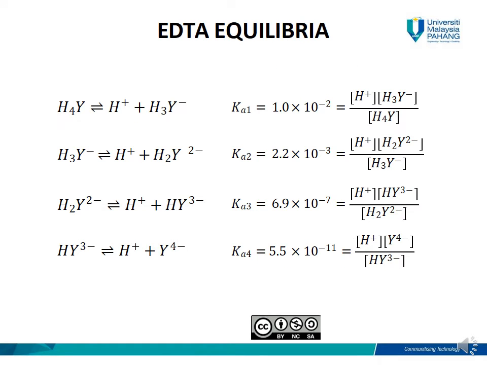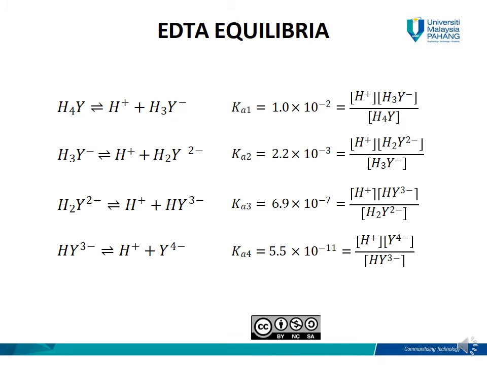Here is the chemical reaction with equilibrium expression from the EDTA equilibrium experiment. For the first dissociation of H+ from EDTA, the equilibrium constant value is about 1 times 10 to the power of minus 2. This value is the biggest compared to the rest of the dissociations.